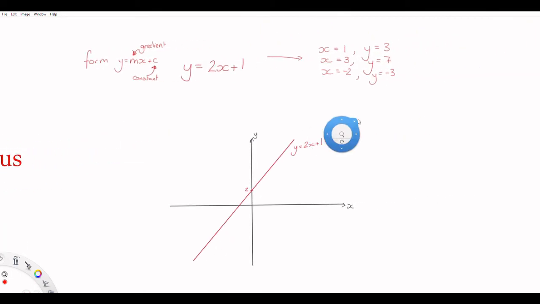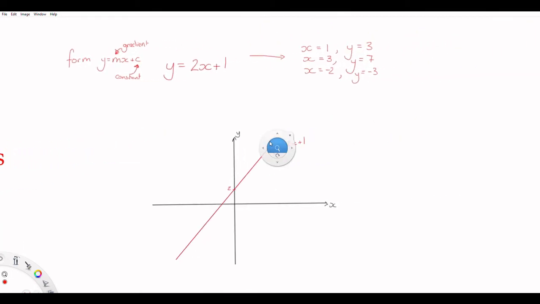Okay, so last time we talked about linear equations in the form y equals mx plus c. We said m was the gradient and c was the constant, and we looked at how we can sketch it. So here we have the equation y equals 2x plus 1 sketched onto our graph. Now if we want to solve that equation, we can look at finding the values for x and y.